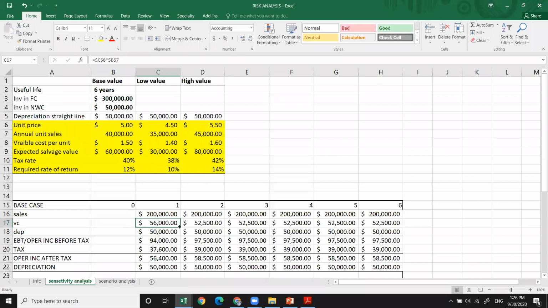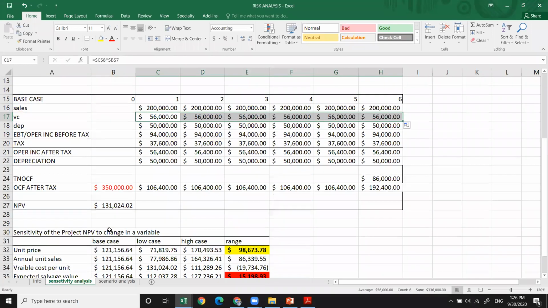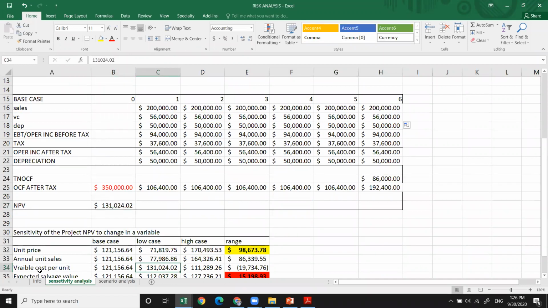So let me update it. Okay, now you can see that NPV changed. I put this new NPV in the corresponding row of the variable cost per unit, as you can see.